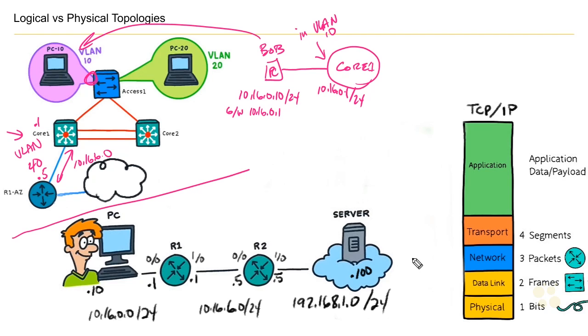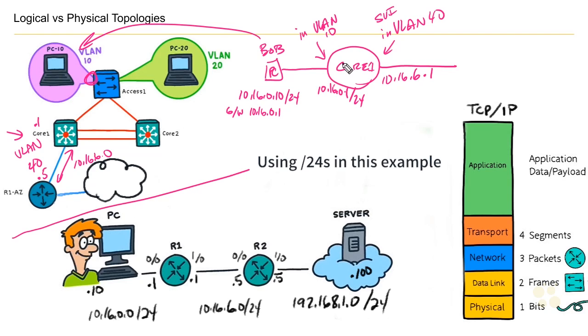And so if we continue to draw this out, this second interface here, interface VLAN 40, that logical layer 3 interface, that switched virtual interface on that multi-layer switch, would have the layer 3 address of 10.16.6, that's the network, and we could give it the IP address of .1. So this multi-layer switch, Core 1, has 2 logical interfaces, 2 layer 3 interfaces. Interface VLAN 10, interface VLAN 40, both with their respective IP addresses.